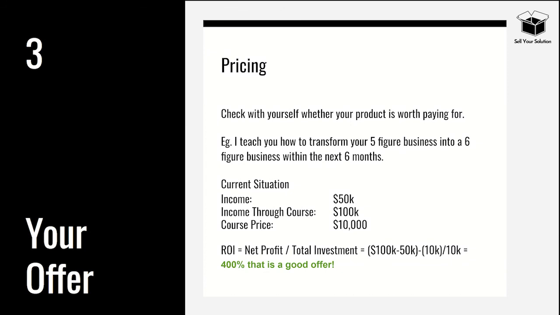So I included this as an example to really help you think in this way and apply it to your own offer. And this is a very monetary offer, but obviously you have to get creative to determine what is the value of your course expressed in dollars.